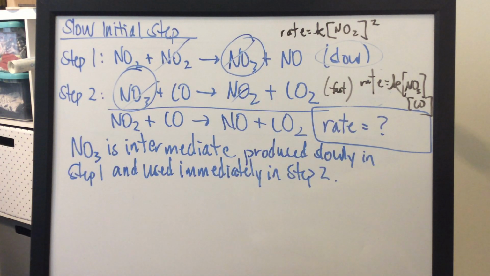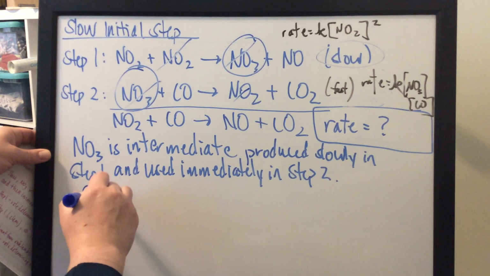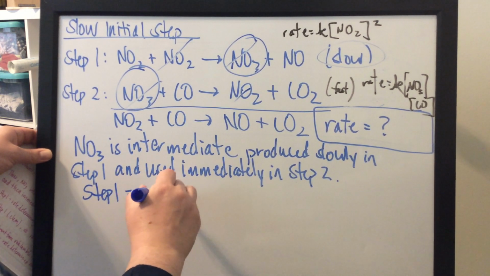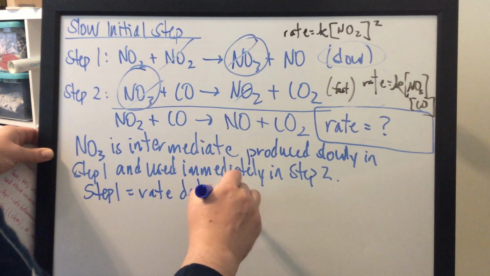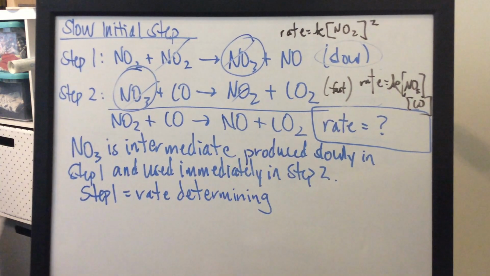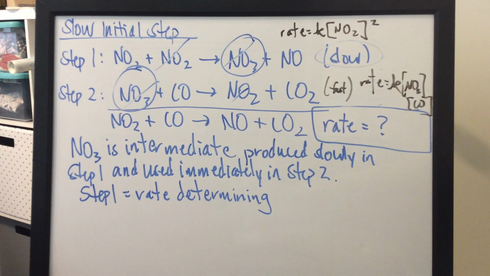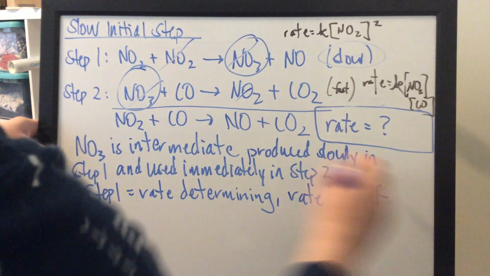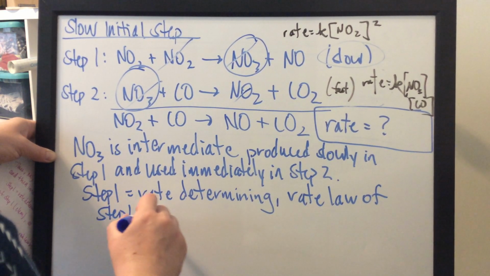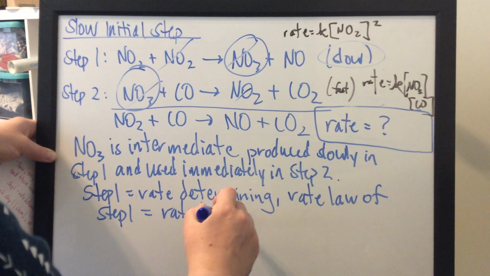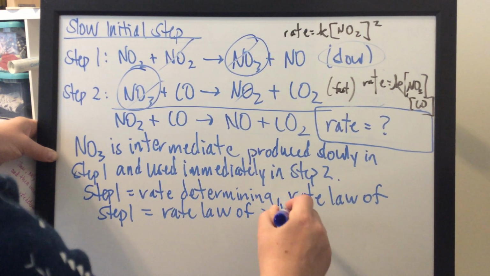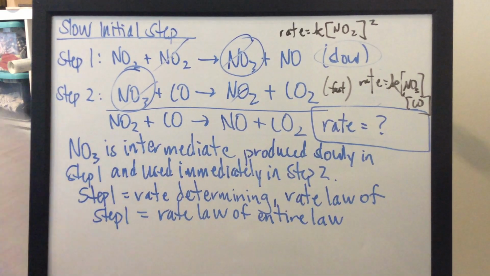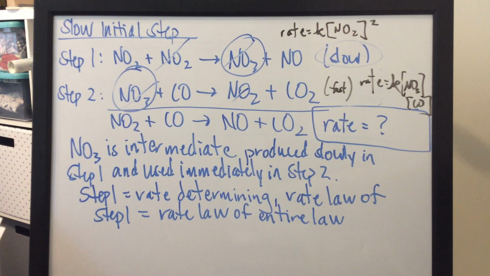So in this case, my first step is the slow step. It's the rate determining step. So step 1 is rate determining. And therefore, the rate law of step 1 is going to equal the rate law of the entire reaction. Okay, and it's as simple as that.